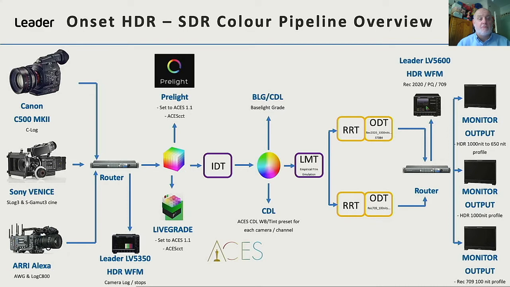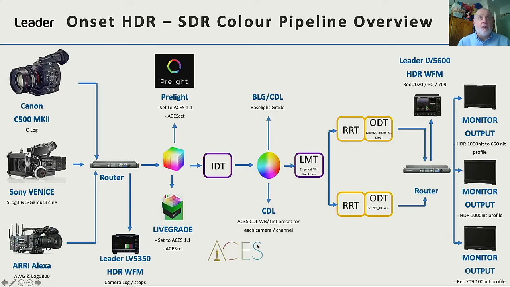in post-production. The next stage is Livegrade's pre-light that can control a LUT box to upload looks on set and includes full ACES support and does not require a camera with an ACES proxy output.